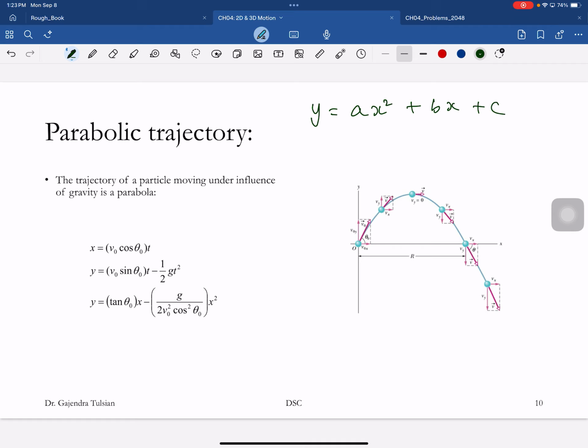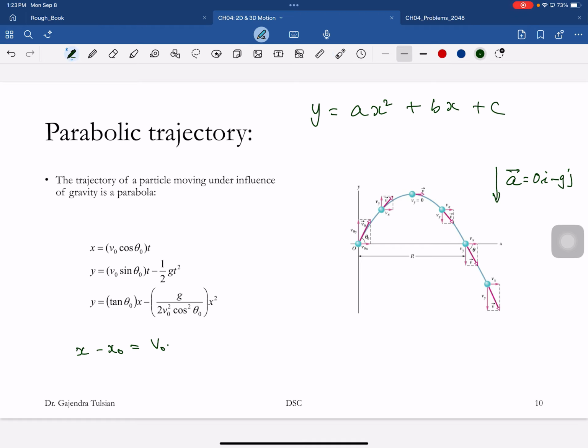Now let's show that this is true. You saw that for an object moving only under the influence of gravity, the acceleration is 0 i minus g j. So x minus x naught equals v naught x t plus 1/2 a x t squared. For this object, here was the initial speed, there was the launch angle.